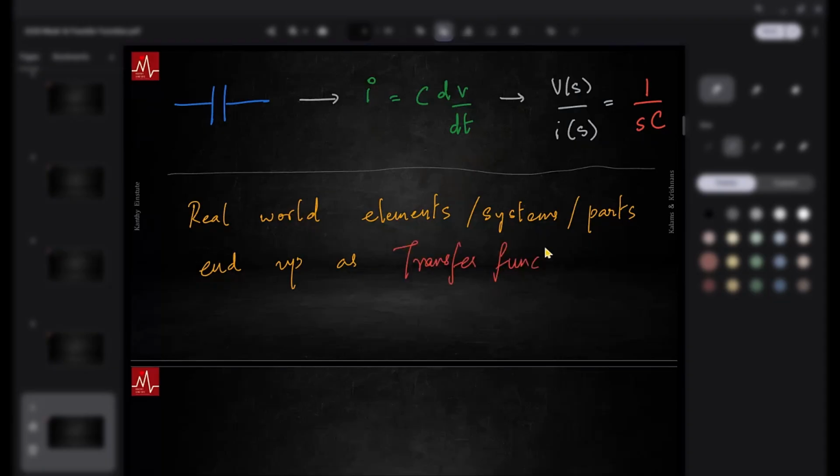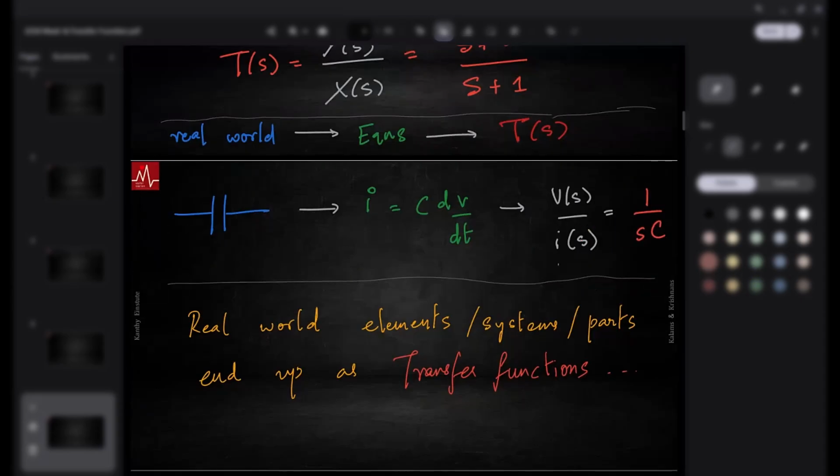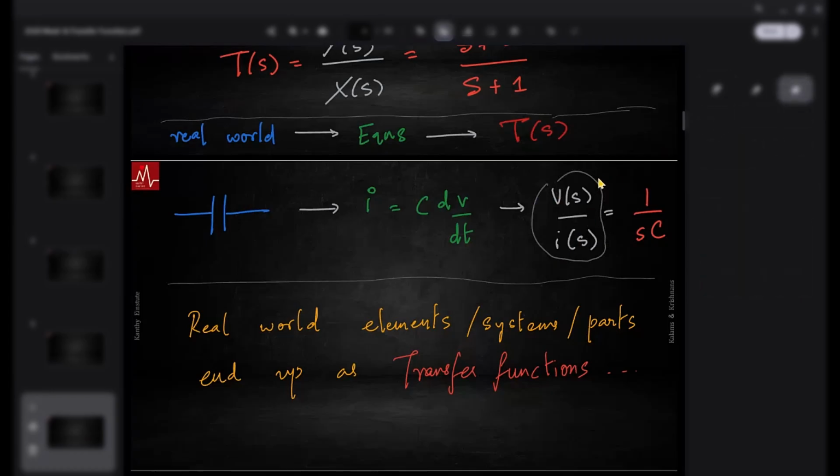We are not talking about something very, very abstract. This is just a representation of our engineering problem. Transfer functions. In this case, see this ratio. Let's say we define that as output over input. Input is current, output is the voltage across the capacitor.